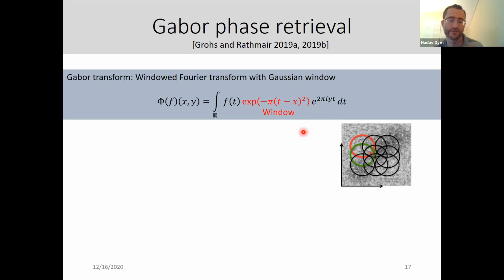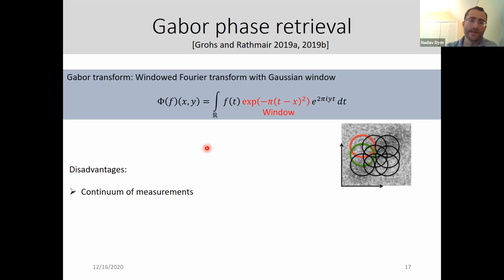And then we do the Fourier transform of that. And for this type of measurements, they achieve phase retrieval. A disadvantage of this, which is why I want to do this again, is that they use a continuum of measurements. So the measurements are, for every x, y in R^2, these are the measurements you get, and using that, you can do stable reconstruction up to this connectivity.